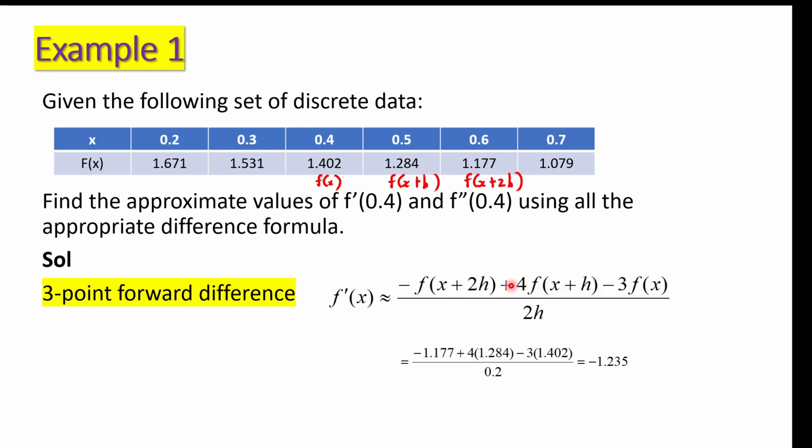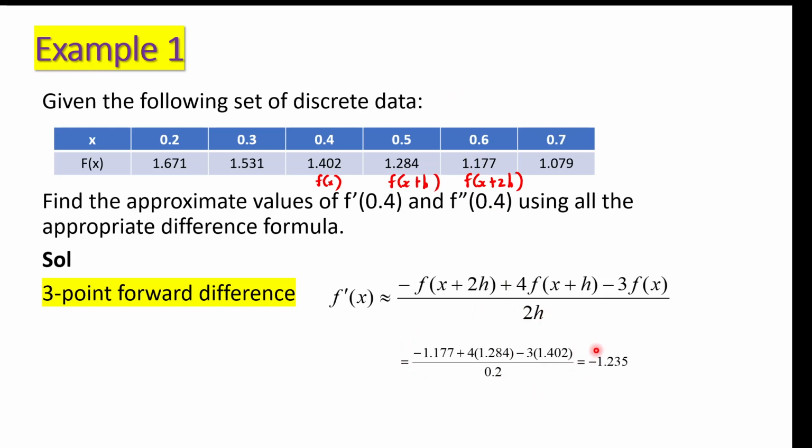1.177, then plus 4 times f(x+h), so plus 4 times 1.284, minus 3 times f(x), minus 3 times 1.402, divided by 2h. h is actually 0.1, 2 times 0.1, you have 0.2.